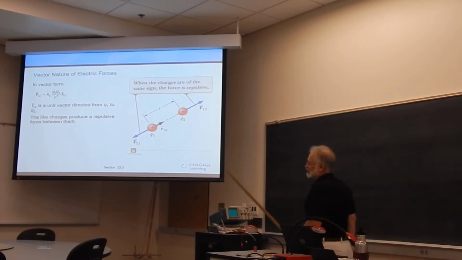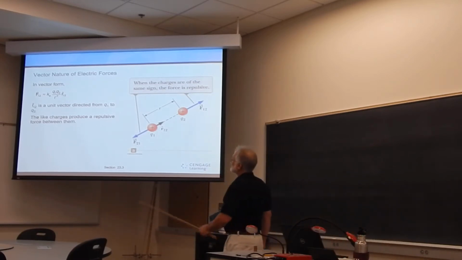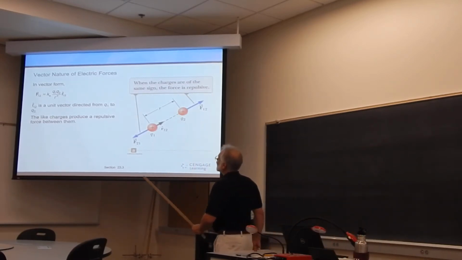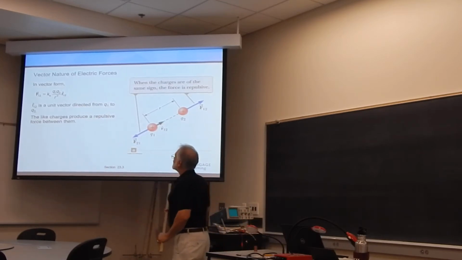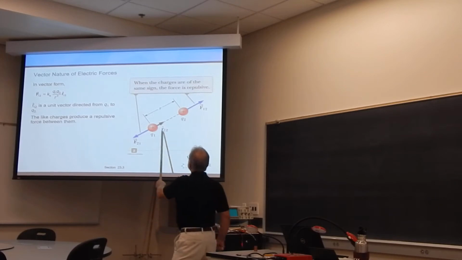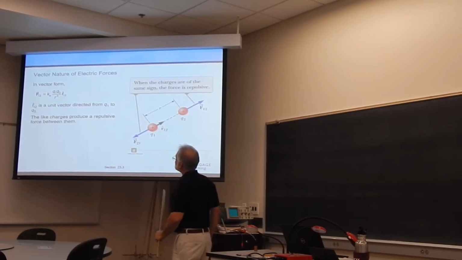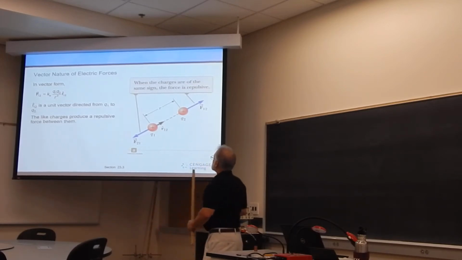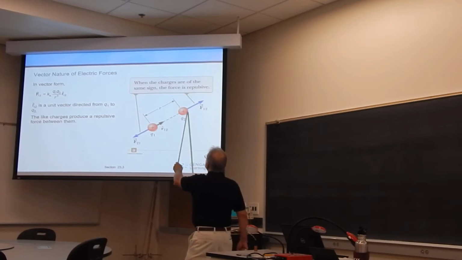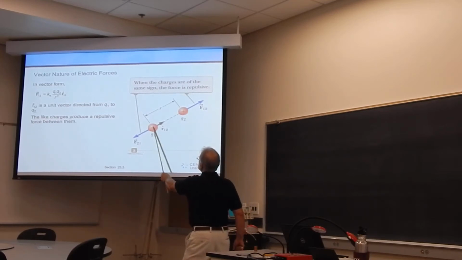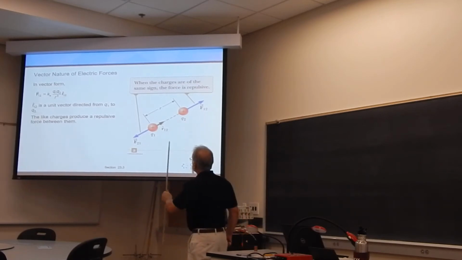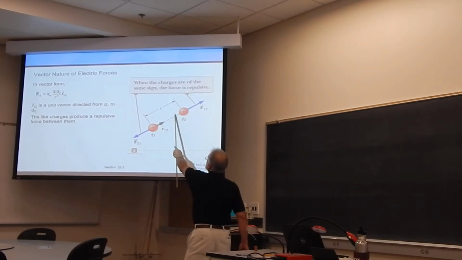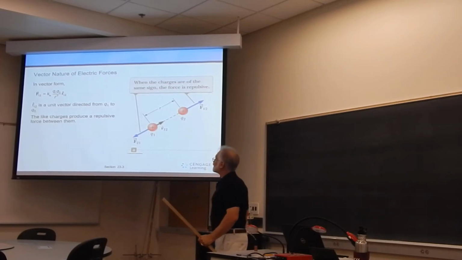As you can see in the way we stated the equation, we have this unit vector, r12, along the line between the two charged particles. If the charges are positive, the force will push this charge this way and this charge this way. If one charge were negative, it would be attracted to the other charge.